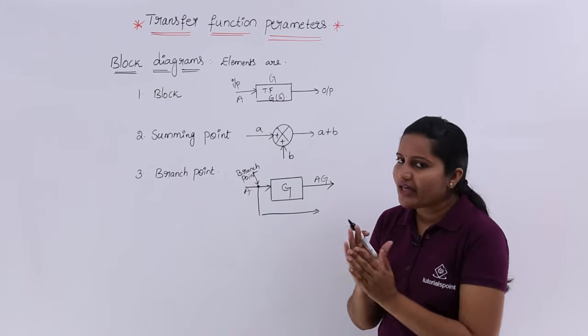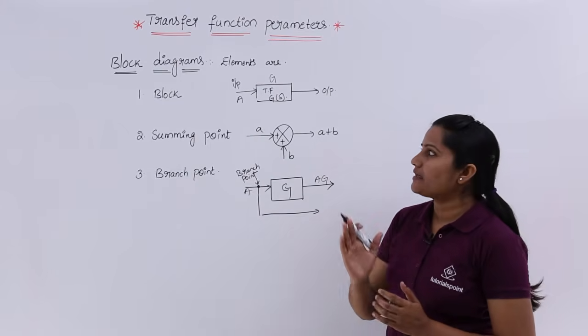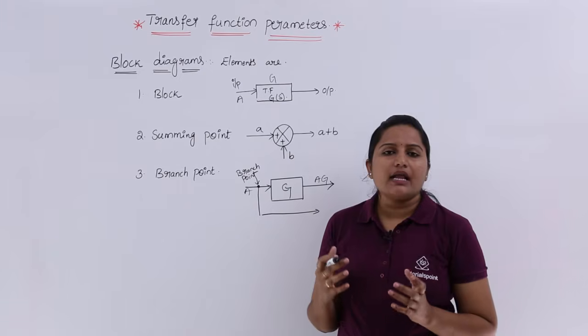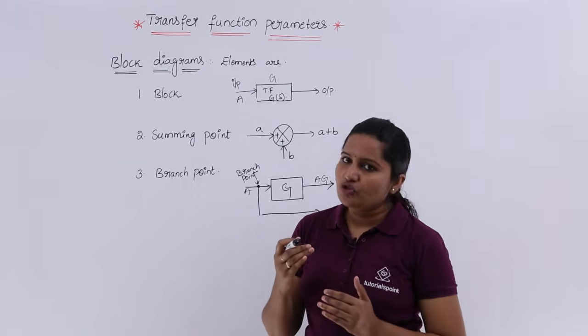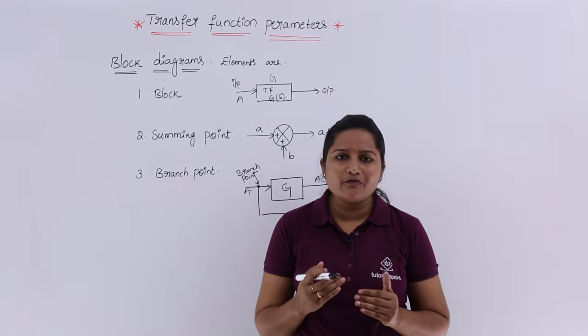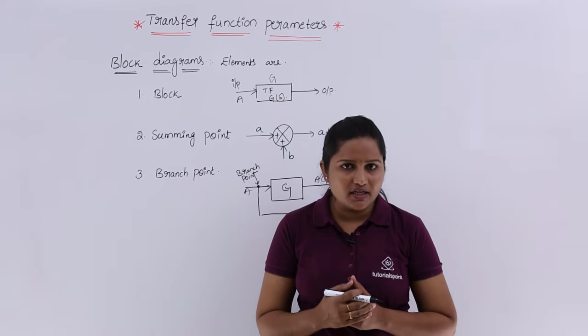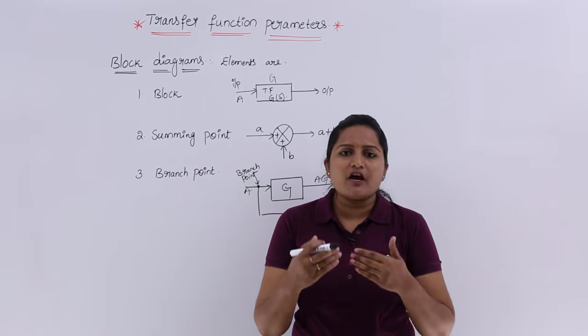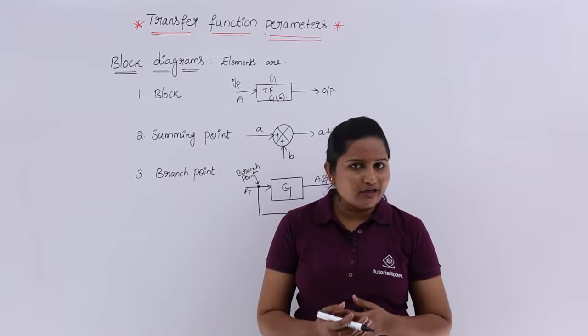These three are the very important elements in the block diagram concept. Generally, a block diagram is nothing but a pictorial representation of components in control engineering. It shows the function of components and signal flow.